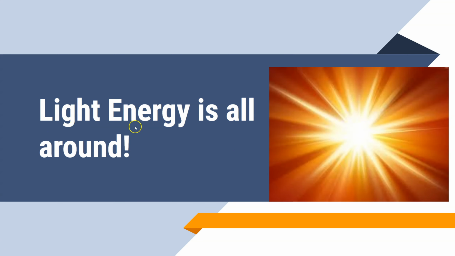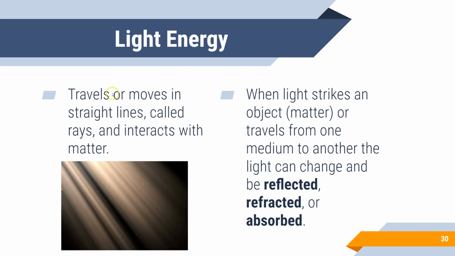All right, now let's talk a little bit more about light energy, another very common form of energy in the world. It's all around us all the time. As I said before, light energy basically moves in waves, and sometimes we call that rays, right?